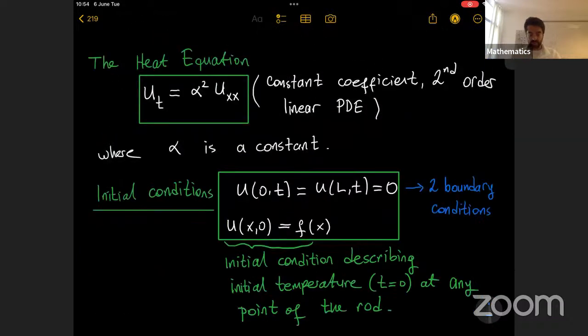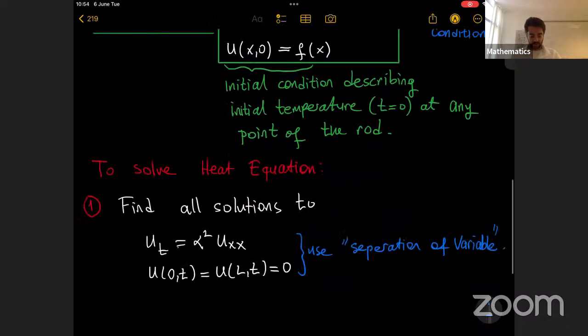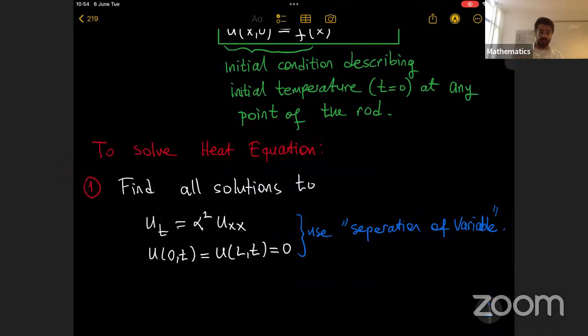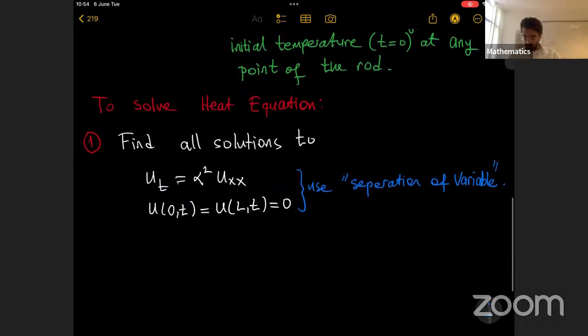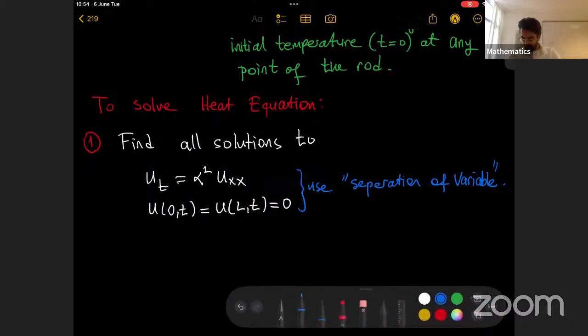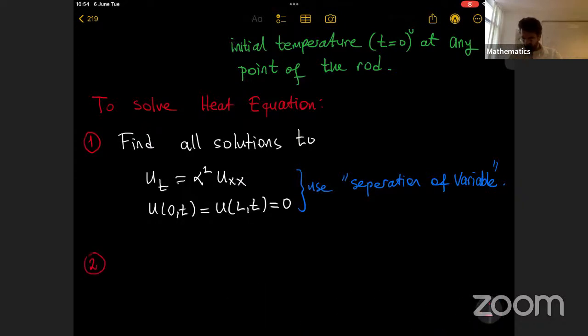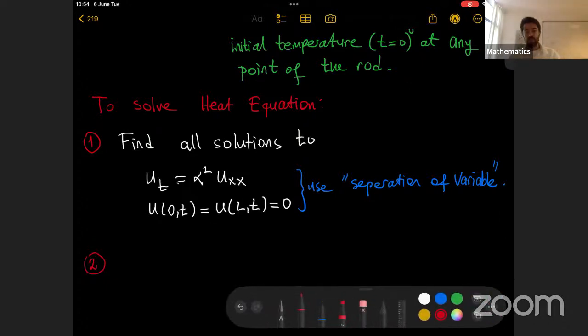This is a partial differential equation, and using separation of variables, this will be a problem in one variable. Okay, and the second, so there are going to be many solutions, and we will choose the one which satisfies the second initial condition. Okay.